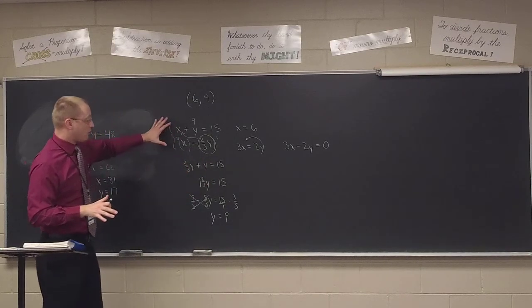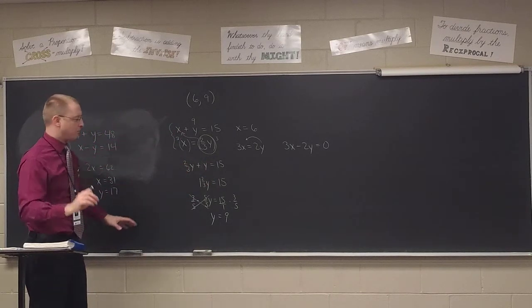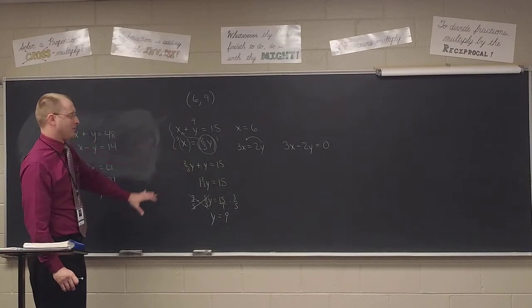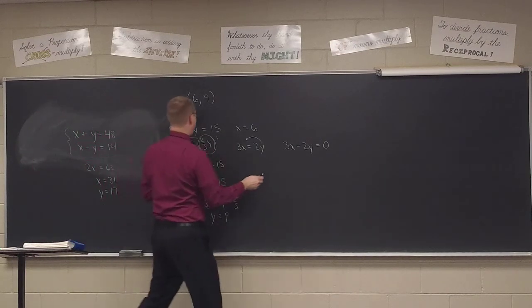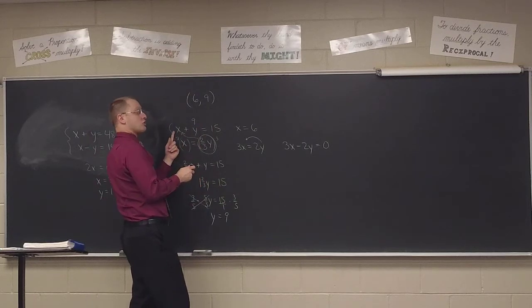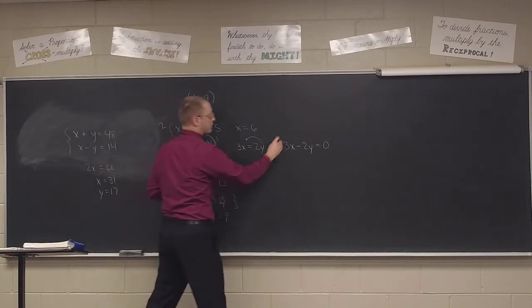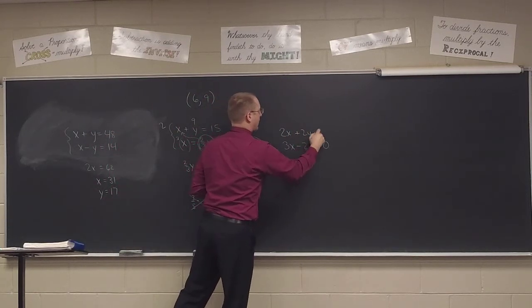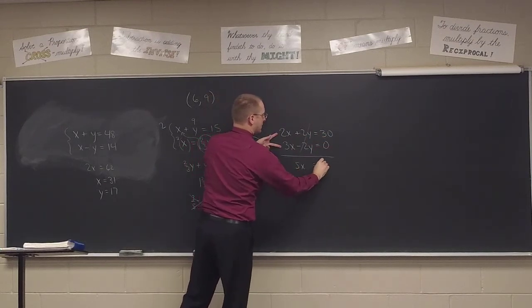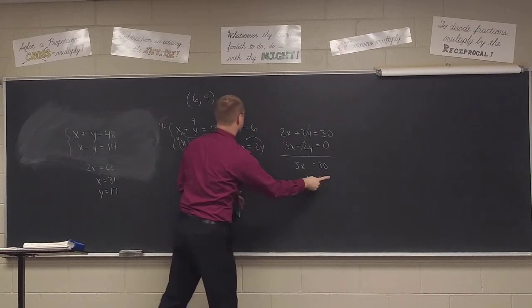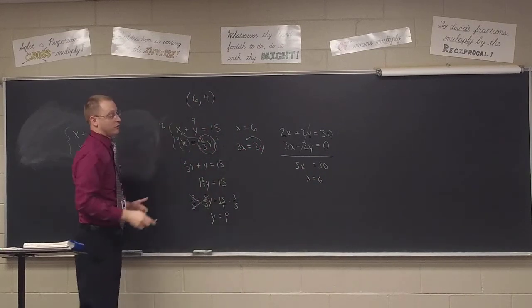So if Noah was working like, oh my goodness, I don't want to mess with that, this would have been an option for you. Keep the x plus y equals 15, but maybe distribute a 2 all the way through to get 2x plus 2y equals 30. And now there's our 5x equals 30, x equals 6, plug the 6 in here to get the 9 for the y.